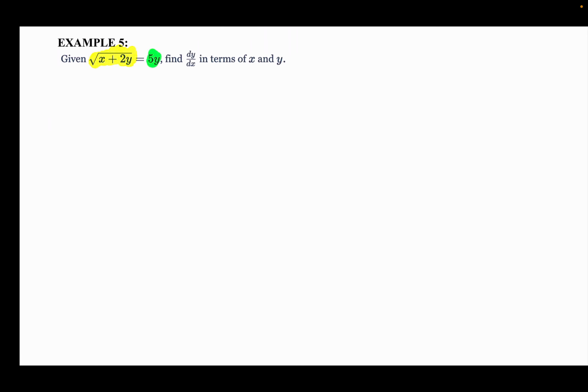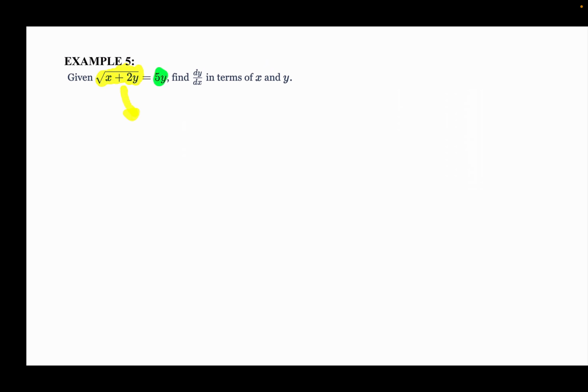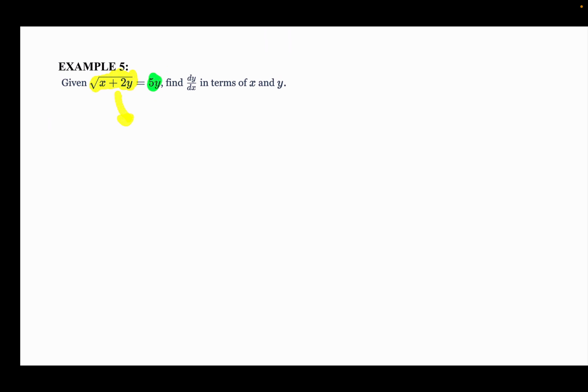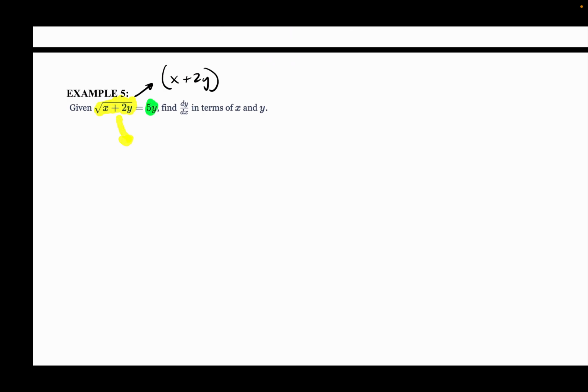So that shouldn't be a problem. We got to find the derivative of the yellow first. Before we even start, we got to rewrite it. X plus 2y to the 1/2 power. That's what it is.